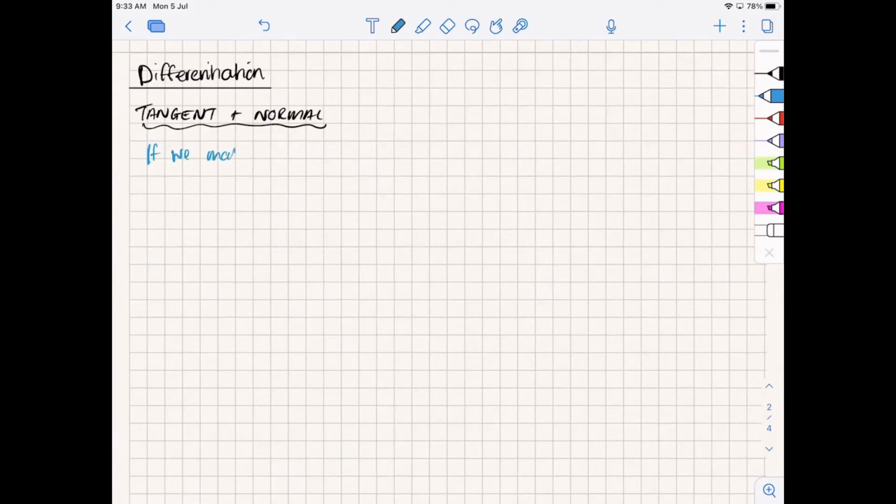If we make dy by dx at some point (x, y) equal to m, in other words, remember the derivative gives me the gradient at a certain point. And who can tell me what's a tangent to a point on the curve? What can you tell me about its gradient?